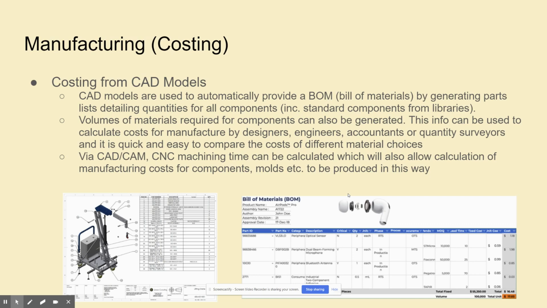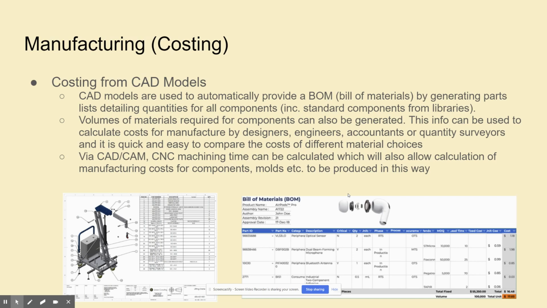Well, say really quick and easy, relatively quick and easy compared to the alternatives, for them to get to a point of understanding how much it's going to cost. So it can help you basically work out the costs of a project. You can derive that from a CAD model.